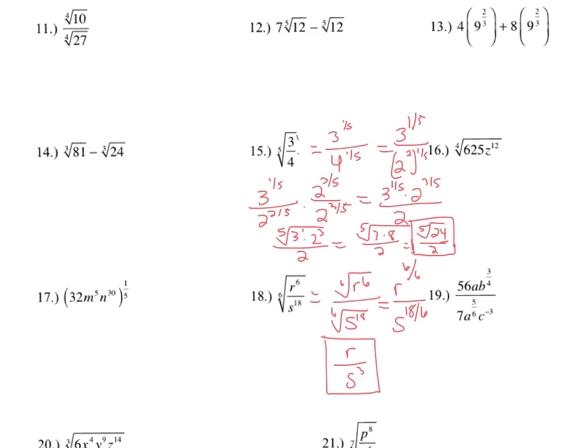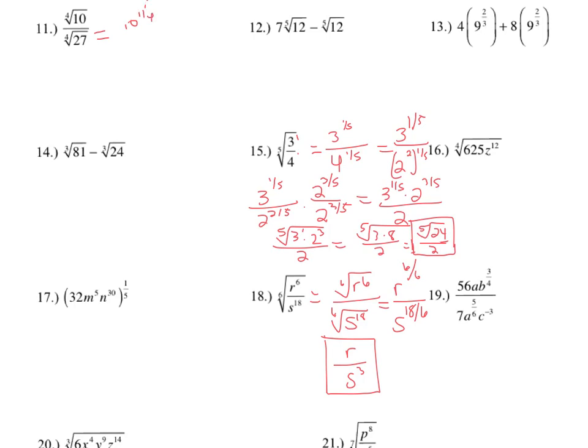So let's continue then to problem 11. In problem 11, you've got the 4th root of 10 divided by the 4th root of 27. So, 10 won't divide evenly by 27. They don't have any common factors. So I'm just going to go ahead and write them as fractional exponents.